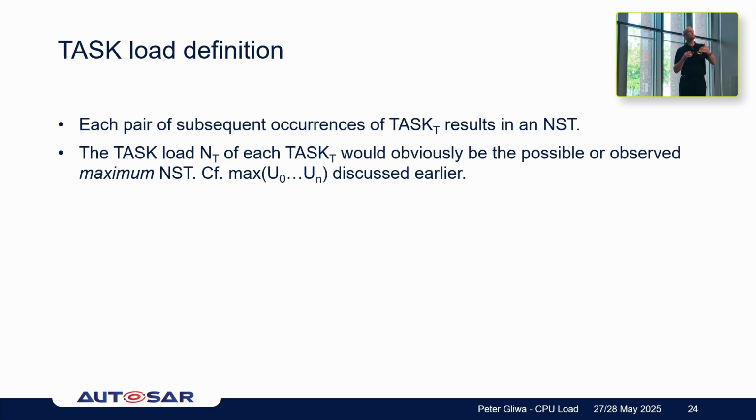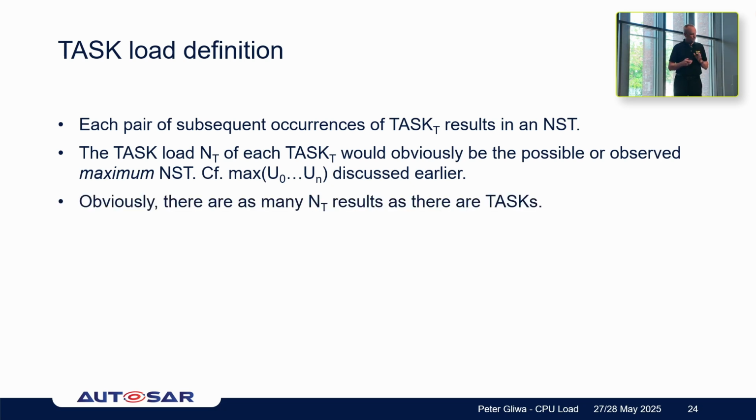It's the same approach we took earlier for the observation frames. We always reported the maximum, and now we observe several net slack times or task loads. So again, let's pick the maximum because we think worst case. And as I said already, you have as many task loads as you have tasks in the system.